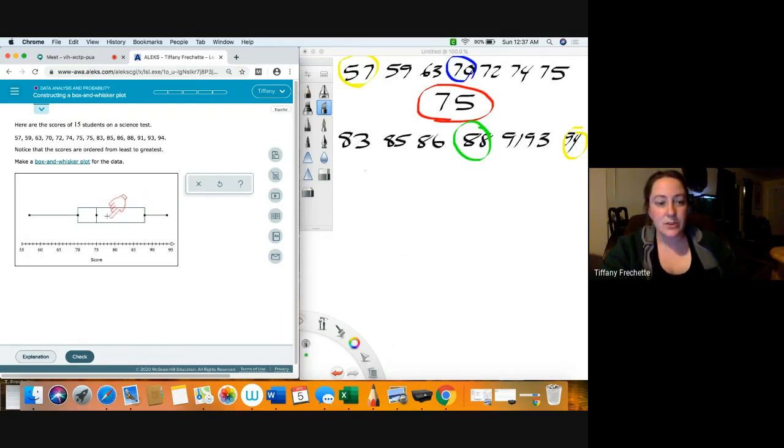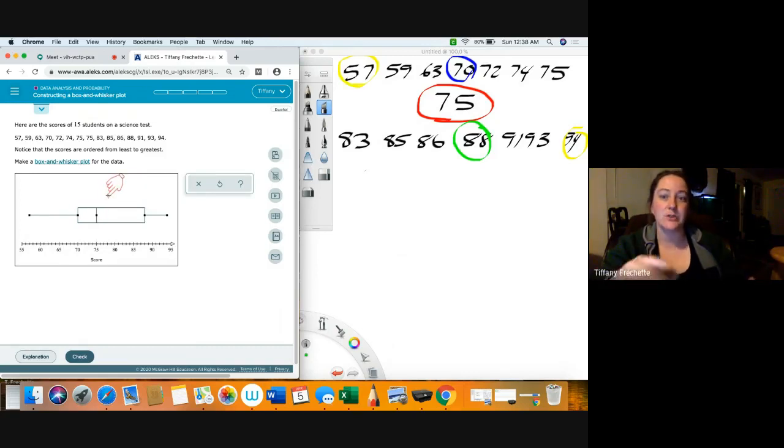So this actually shows me really quickly that there was more numbers in between the median and the upper quartile than there were between the lower quartile and the median. So there's a greater range in between these numbers is what that means. Not that there's more numbers in there.